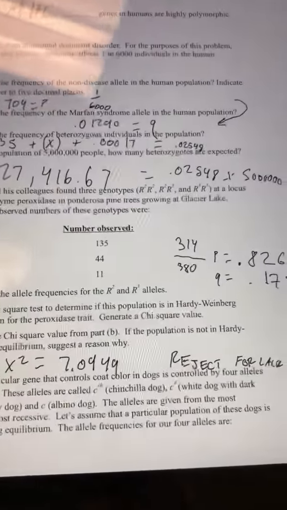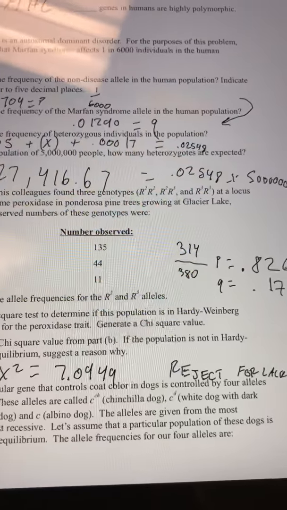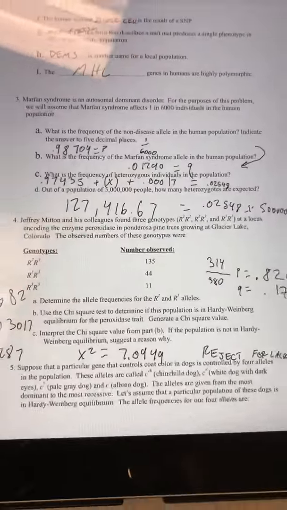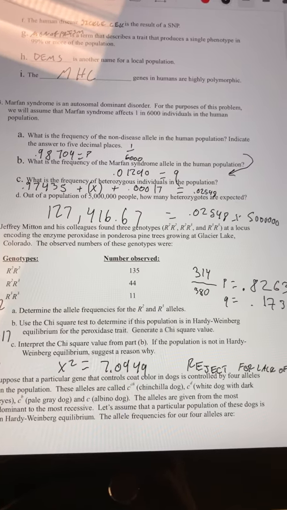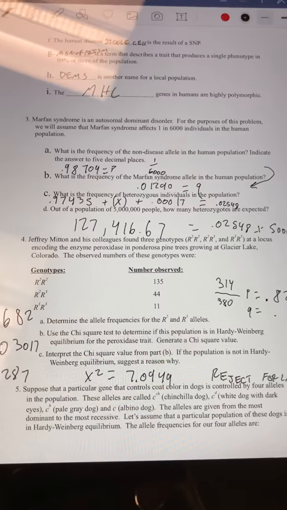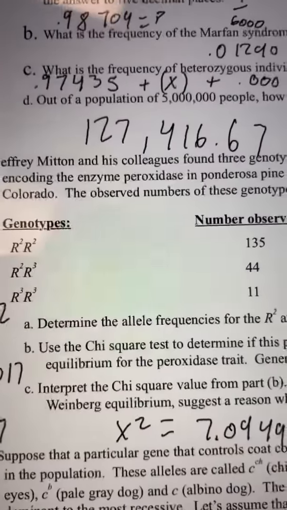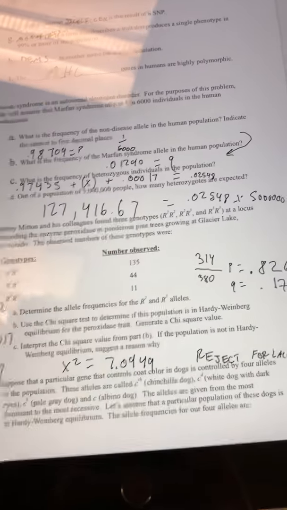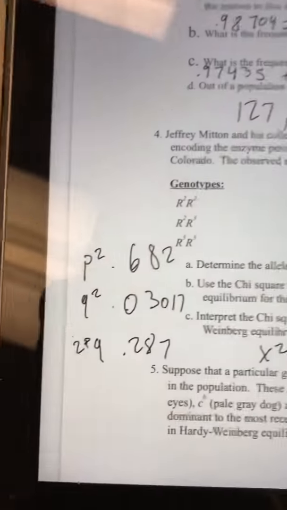So for number 4, Jeffrey Milton and his colleagues found these genotypes at a locus encoding the enzyme peroxidase in ponderosa pine trees grown in Glacier Lake, Colorado. The observed numbers of these genotypes were these. So A, determine the allele frequencies for the R squared and R cubed alleles.